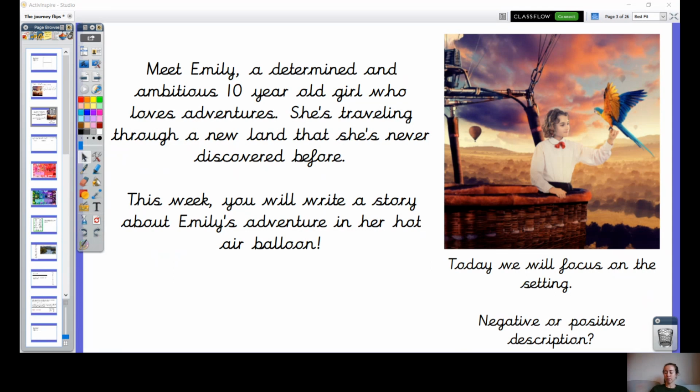Do we think that this setting is going to be quite a negative intent description or more of a positive intent description? If you were seeing that setting, would it feel quite positive to you or would it feel quite ominous, quite negative? I hope that, like me, you're thinking it's going to be quite a positive setting, because if we have a look at it, it looks very beautiful, doesn't it?